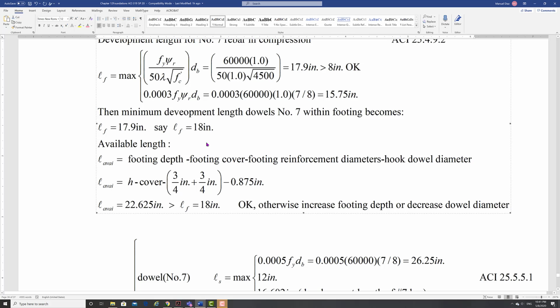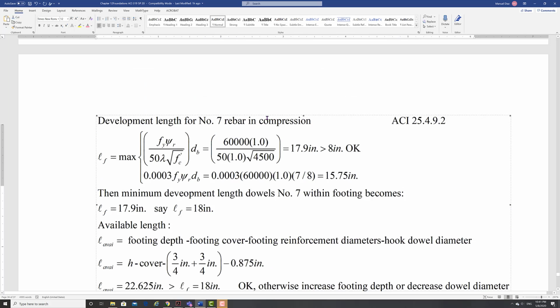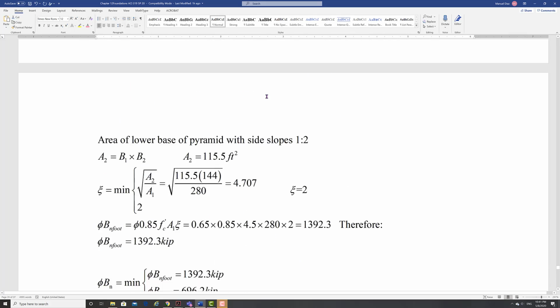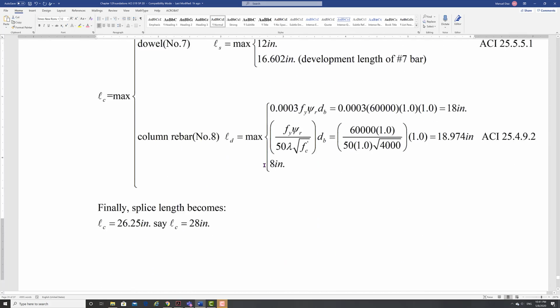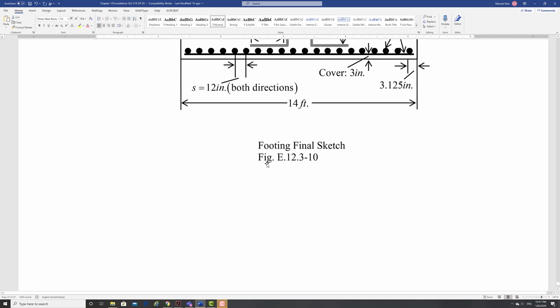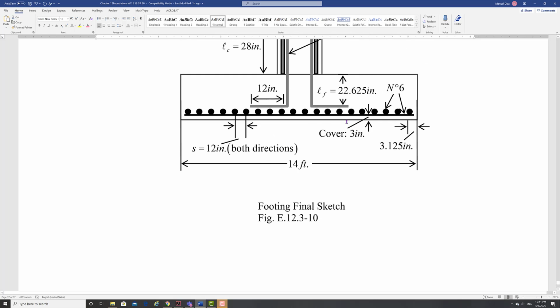So that satisfies that one. Let's look at this available value. Do we have a sketch here? Yeah. So it will be H minus the cover, minus the horizontal bar, minus the other bar perpendicular to it, and minus the diameter of the hook, because we're stopping right in here.